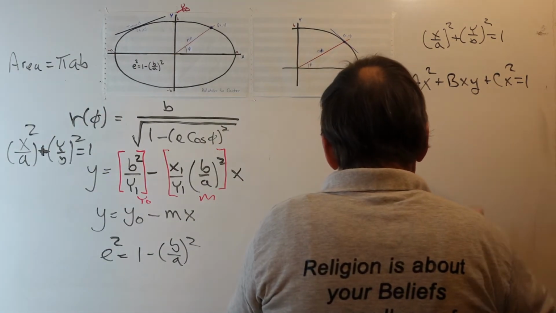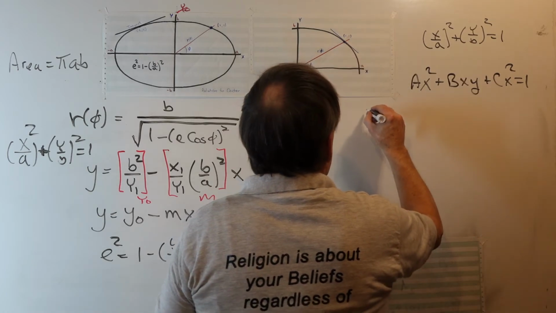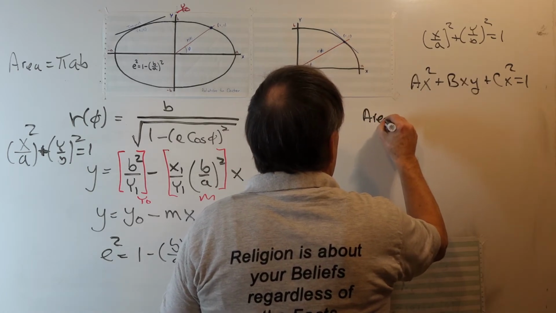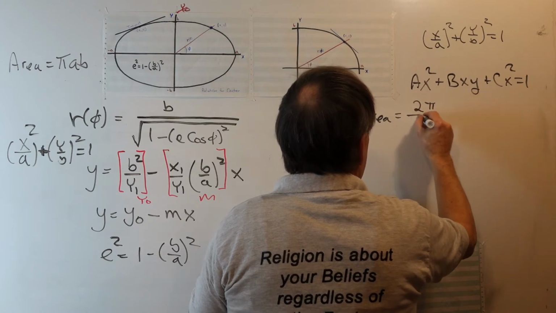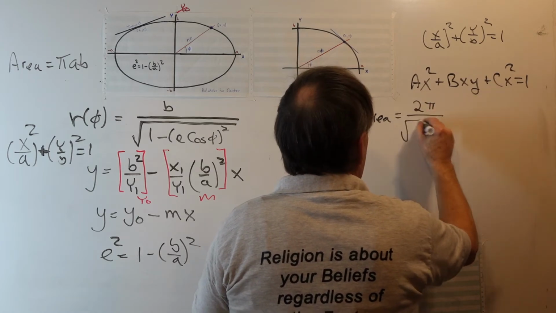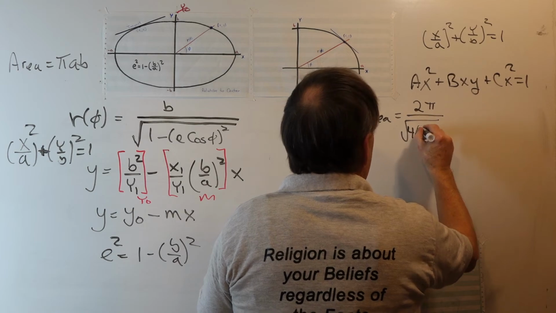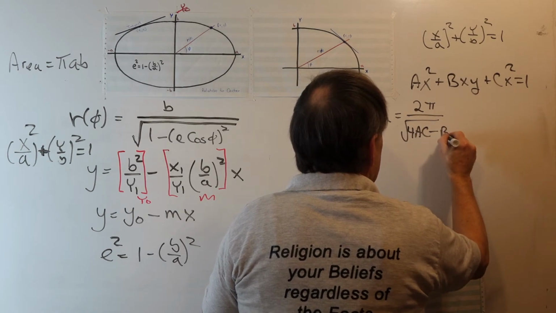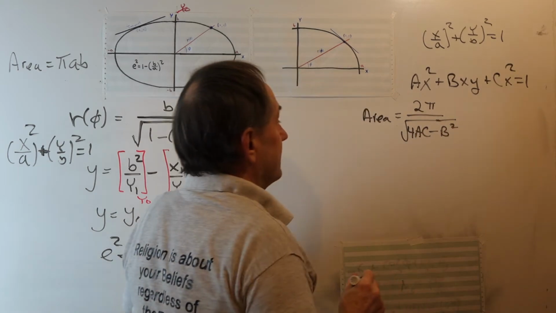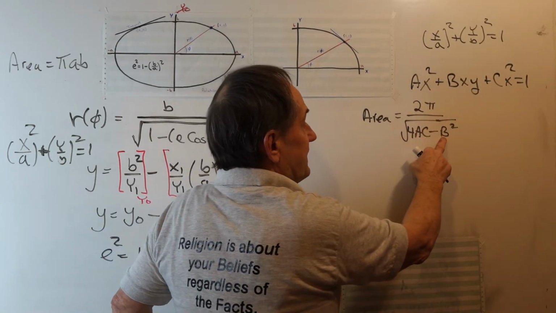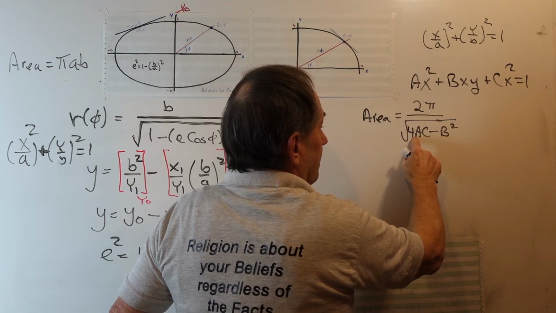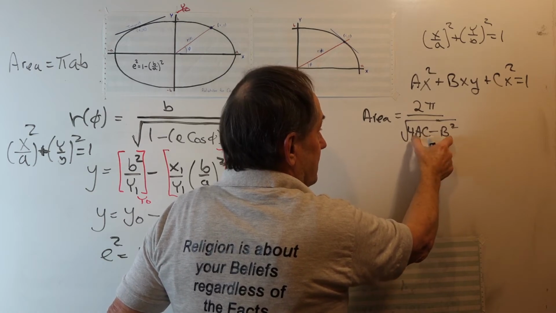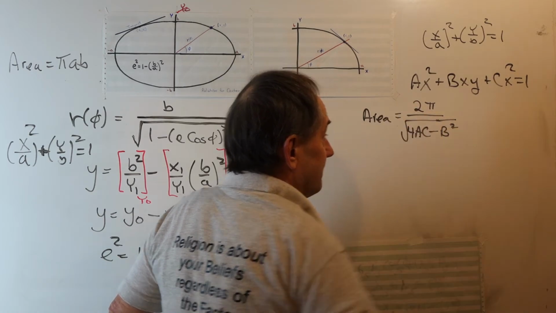Now, for the general ellipse like this, the area of the ellipse is 2 pi over the square root of 4ac minus b squared. So for the ellipse, 4ac has to be greater than b squared for this to be a real number. If 4ac was less than b squared, this would be imaginary and we wouldn't have the area.